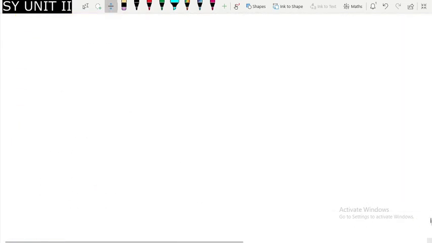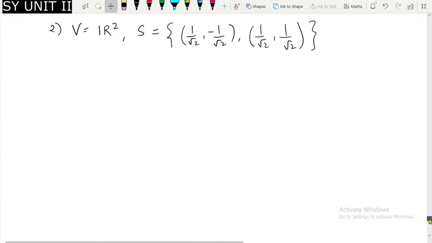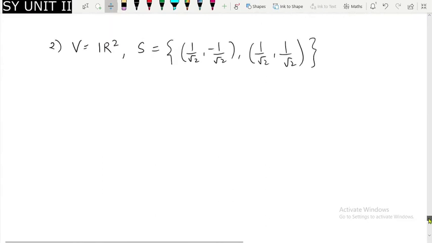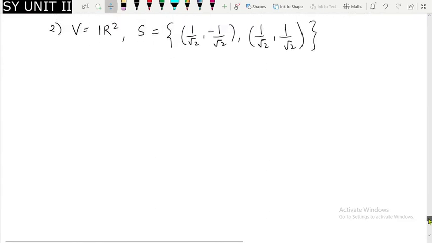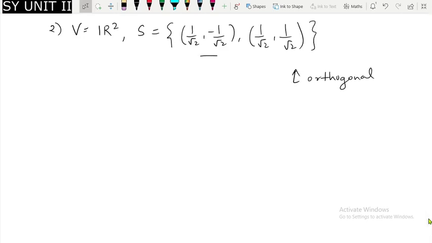Now one can easily find that this is going to be an orthogonal set, you can check it on your own. You verify that the inner product of this element with this element is going to be 0 only. We will call them u and v. But what about the orthonormal condition? Let us check the inner product of u with u and the inner product of v with v. If both come out to be 1, then we will say that it is an orthonormal set also.